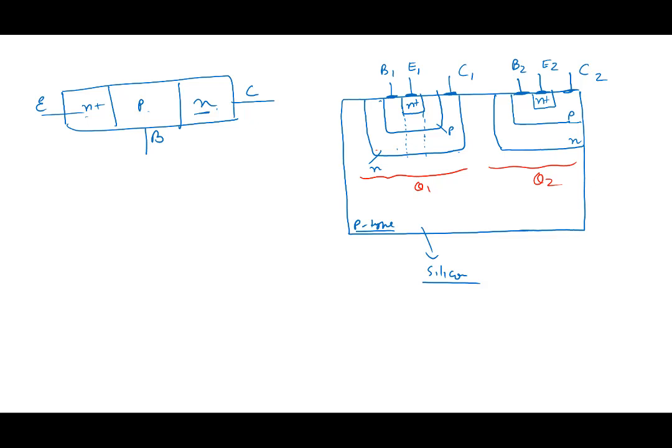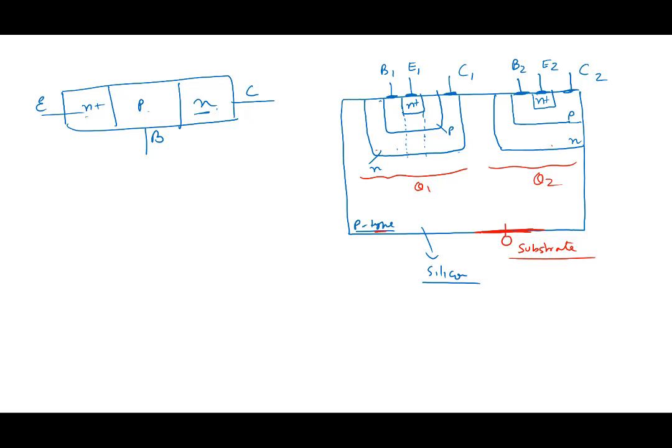Now you realize this is what I'm calling the substrate terminal. This is the substrate, the silicon substrate on which I'm making. So I have base, emitter and collector, and base, emitter and collector. Why did I choose this P-type? Note that this transistor has to be isolated from this transistor. Q1 and Q2 are two separate transistors. They need to be isolated.